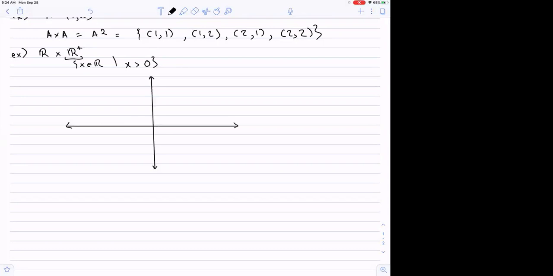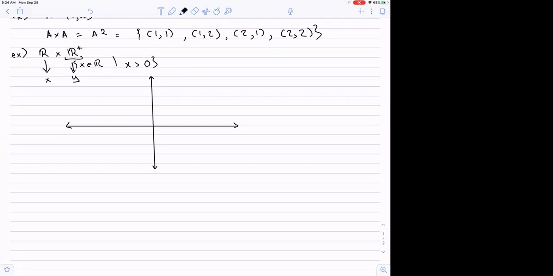The first one tells us all of our x's, and the second you can think of as telling us what our y's are. The first says that we can have all the x's, and the second says that we can only have positive y's.